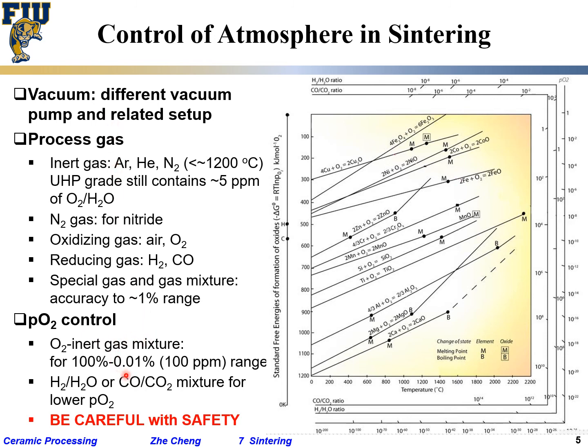But if you want something on the ppm or ppb level, you have to use a mixture, hydrogen and water, or carbon monoxide and carbon dioxide. That is what they mean by the hydrogen-water ratio, carbon monoxide-carbon dioxide ratio. That will give you the concentration that you want. Okay, I think let's stop here.